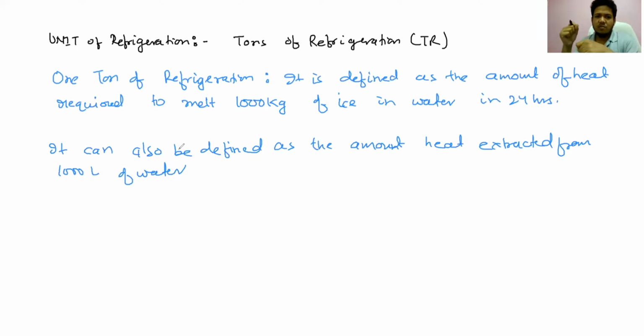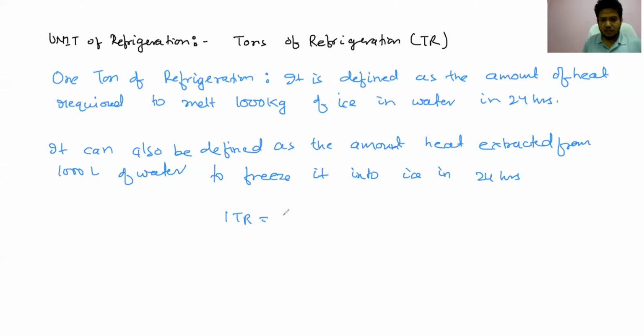If we extract heat from water, then it will become ice. So it can also be defined as the amount of heat extracted from 1000 liter of water to freeze it into ice, in 24 hours. Okay, so in this way, there is one expression, that is 1 ton of refrigeration, 1 TR equal to 12,000 BTU per hour.